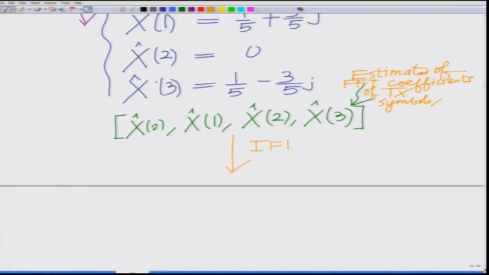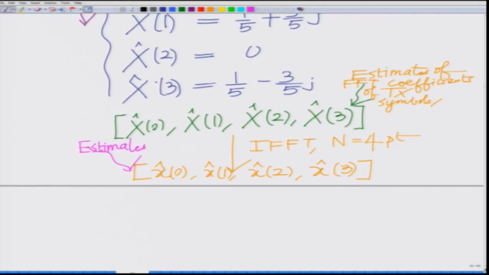You take the IFFT, that is your n equal to 4 point IFFT, and what you will get is the estimates of the time domain transmitted symbols. You get the estimates of the time domain symbols, and therefore, let us do that now.